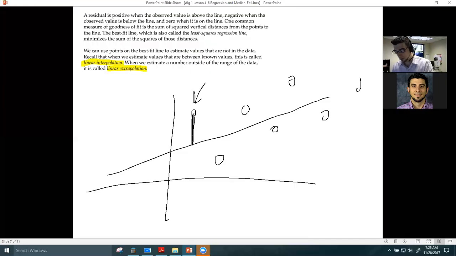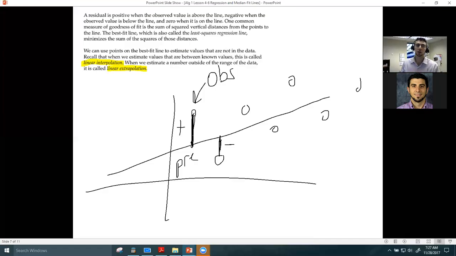This is the observed value, and the line would be the predicted value. The difference is positive because the observed value is above the predicted value. For this one, the residual would be negative because the observed value is below the predicted value of the line.